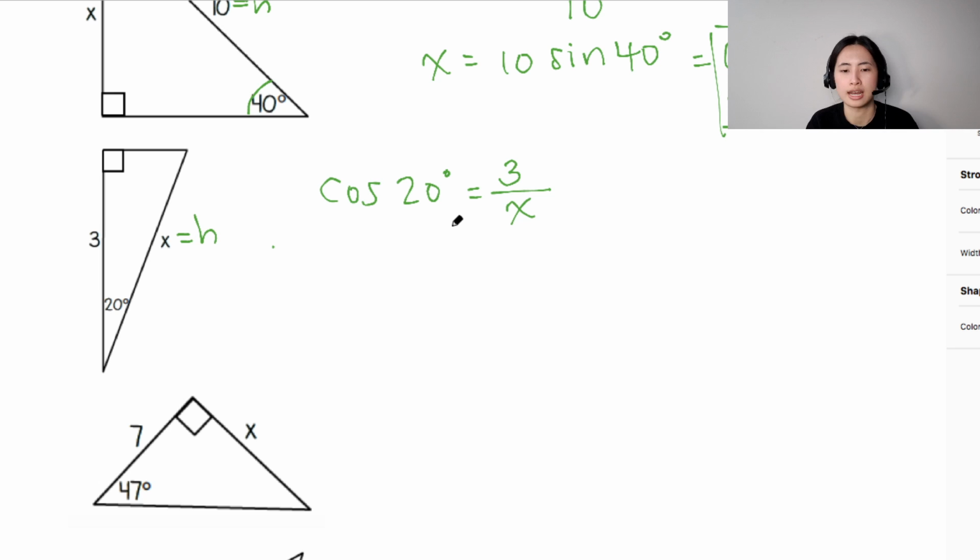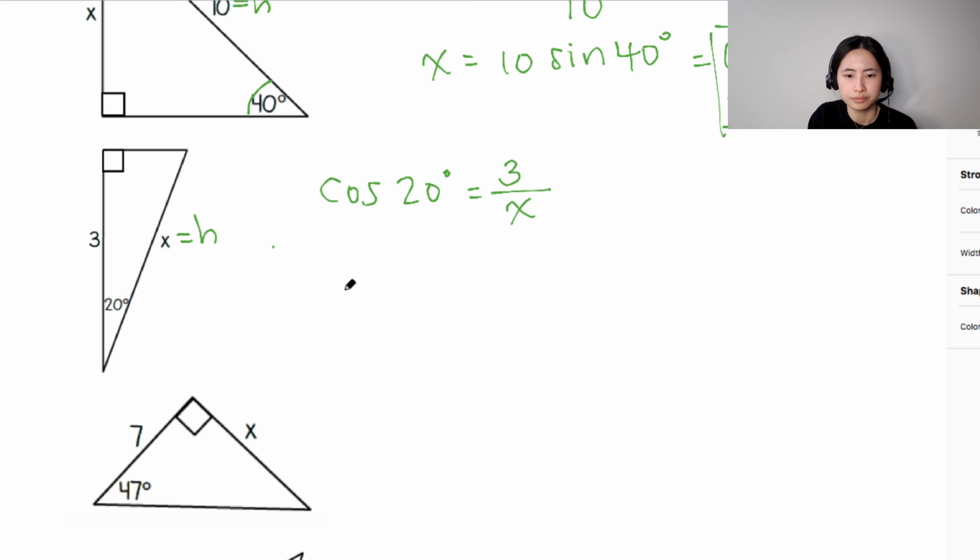And remember what I said, anytime you have a variable, it's not restricted to just this concept. It could be, let's say, 5 over x is equal to 1 over 2. If you wanted to isolate x, you can always flip the two sides and take the reciprocal, so you would get x over 5 is equal to 2, and then you solve for x. So that's the way to go.